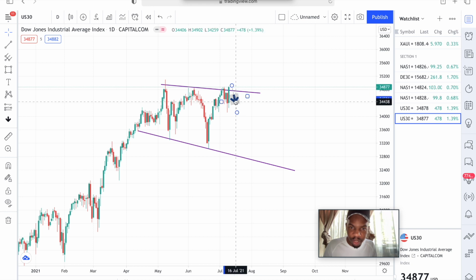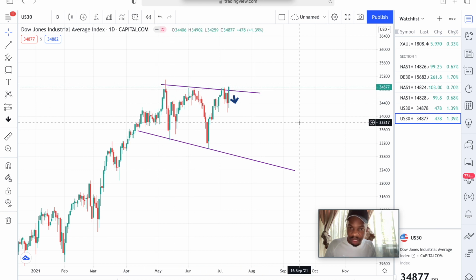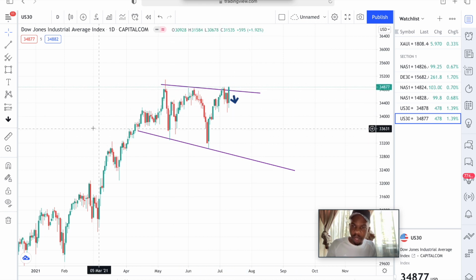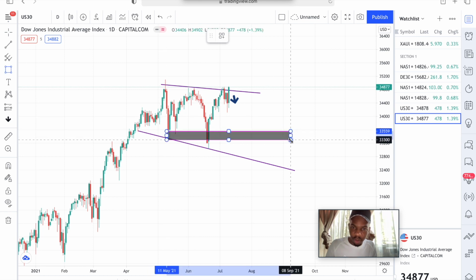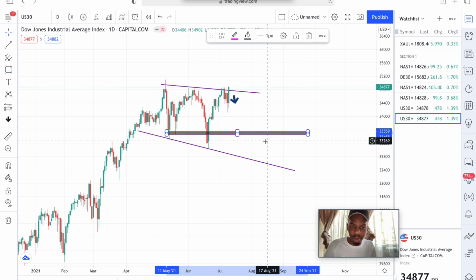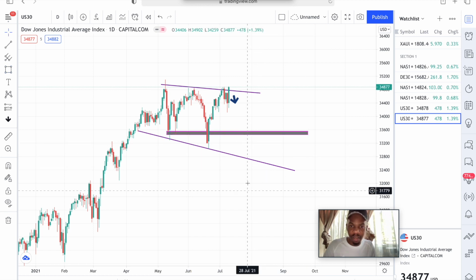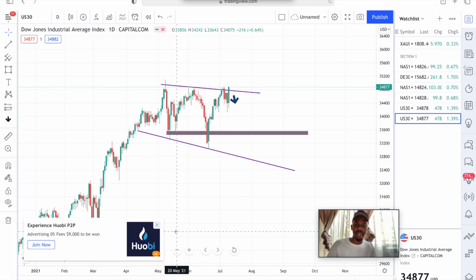It's gonna drop here. You understand? Because this is the structure that we're in. And when it drops, it might have to come to this zone here, right? Because it's not guaranteed that the price is gonna go to the bottom trend line. Just this low here, this is where things might turn again, right?